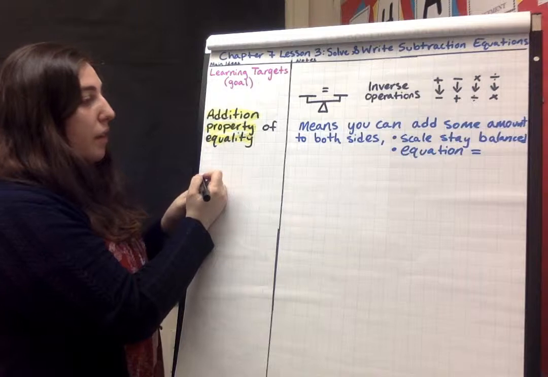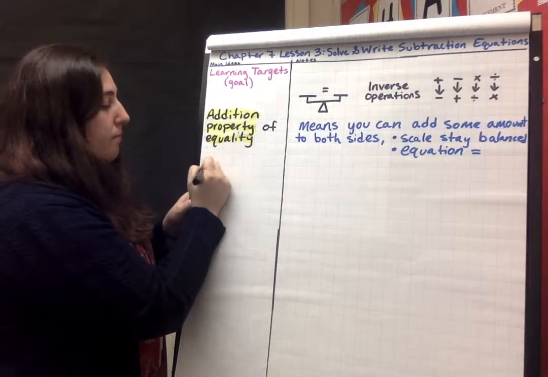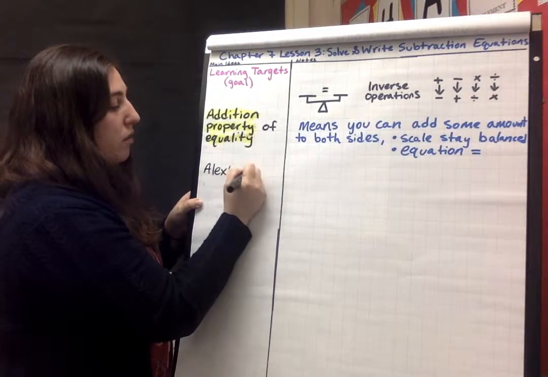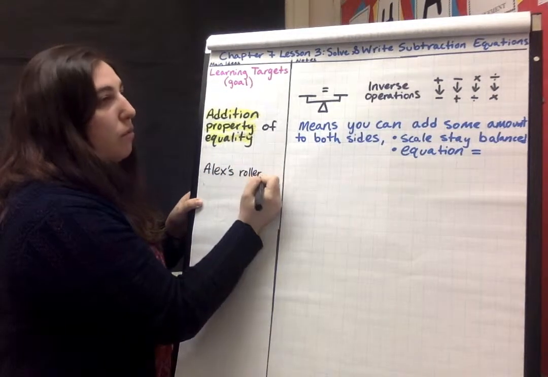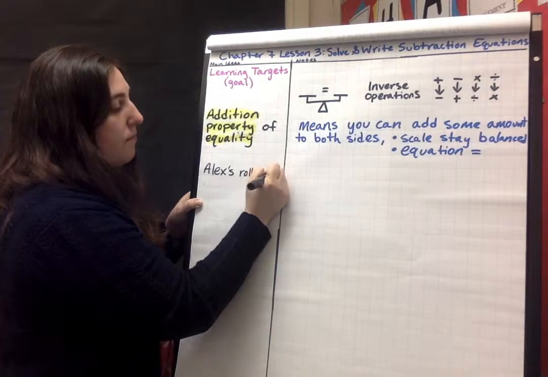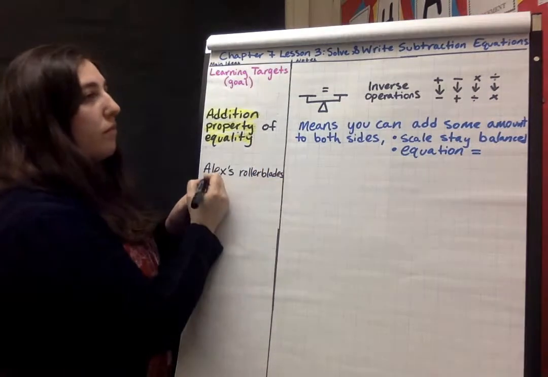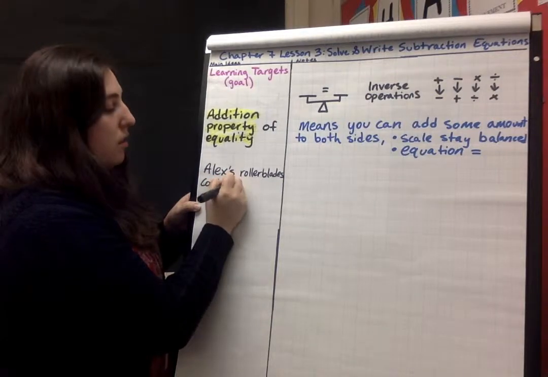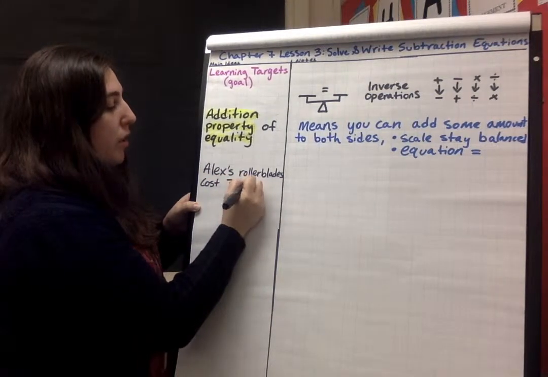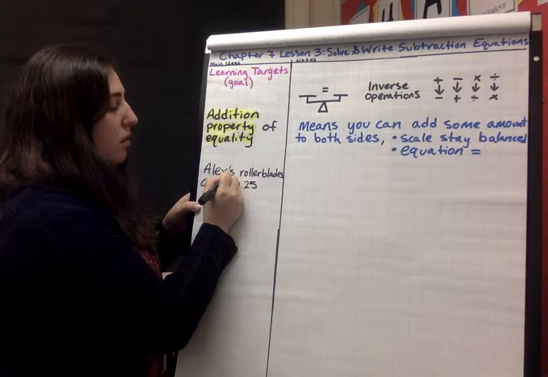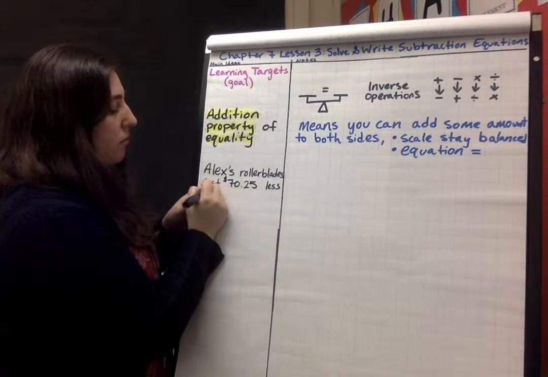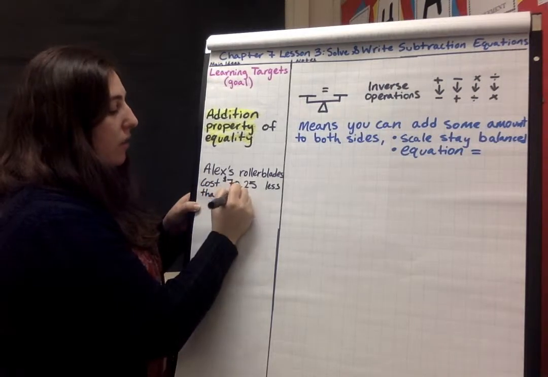Okay, so here is our situation. Alex's rollerblades cost $70.25 less than his bike.